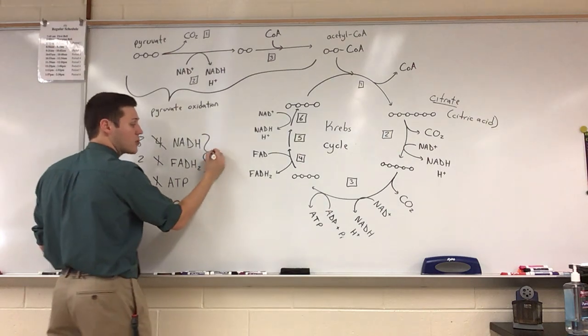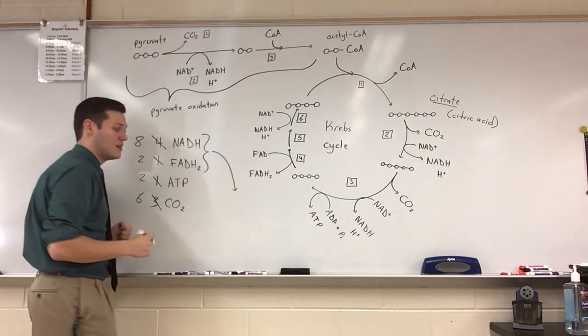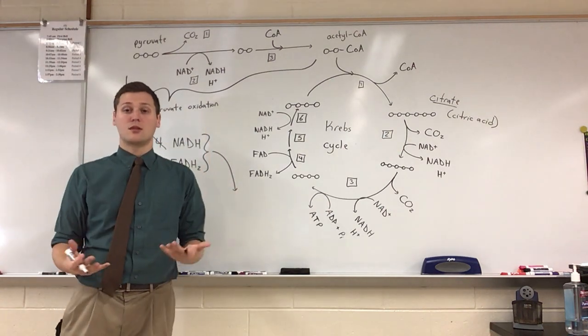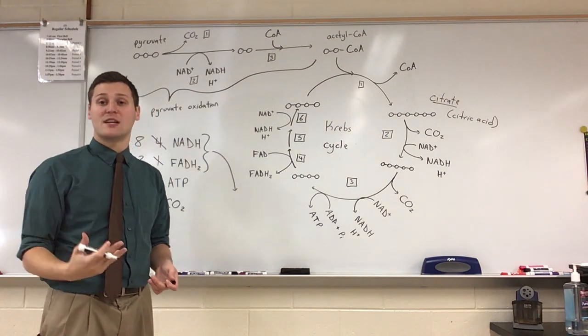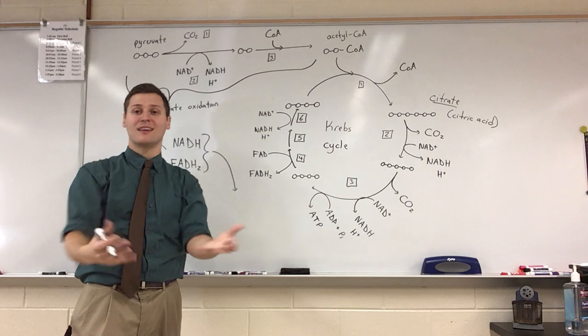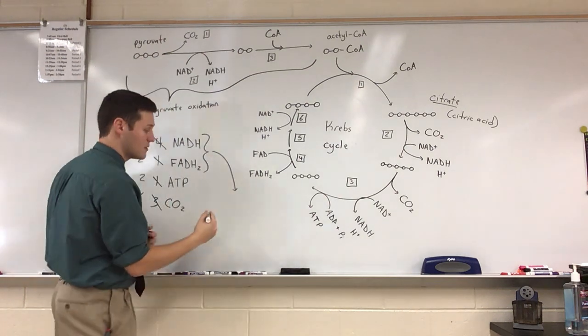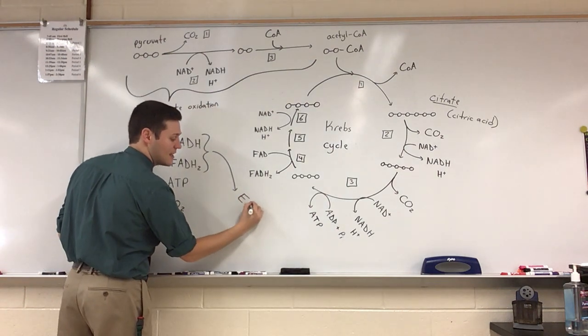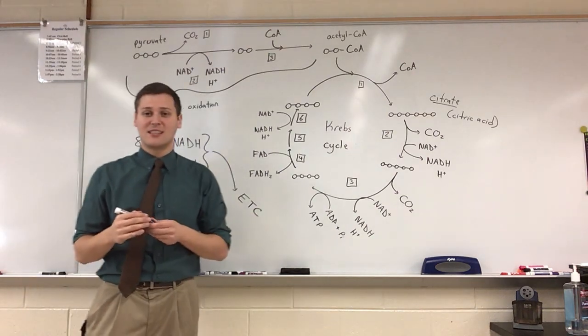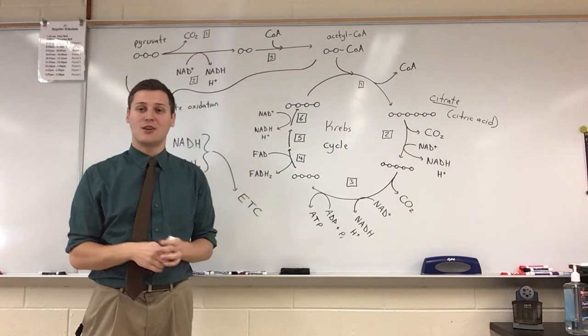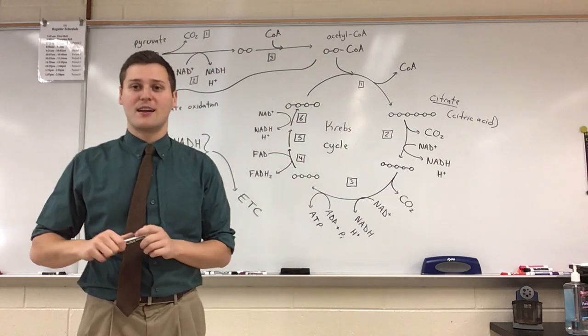So they are going to head to the next step of cellular respiration, which is the electron transport chain, or the whole thing is oxidative phosphorylation. So I will put ETC, and I will make a separate video on the ETC and oxidative phosphorylation, so you guys can watch that if you would like.